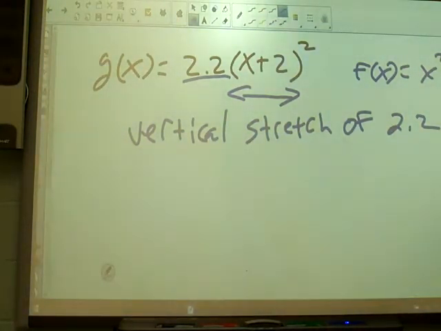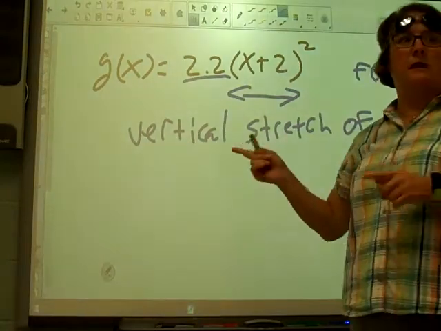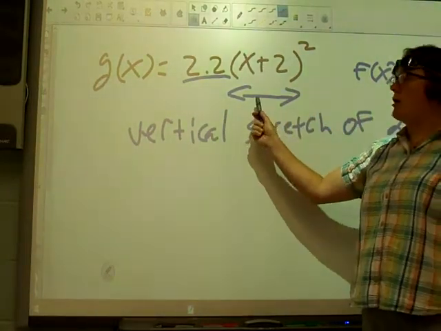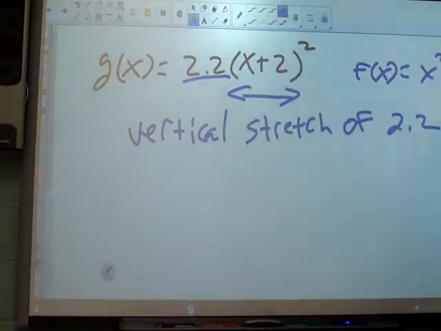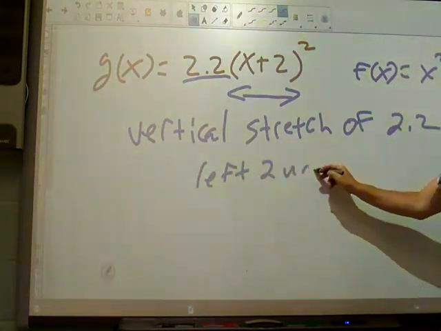Horizontal, that's left and right, that's X. Everybody with me on those words? Horizontal translations always go the opposite way of the sign. Always. Okay? So if this says +2, I normally think, well, plus goes to the right. Horizontal always goes the opposite way of the sign. So this would go left 2 units.